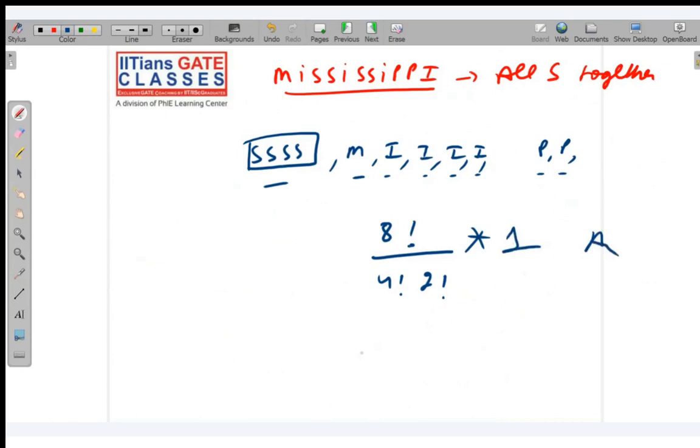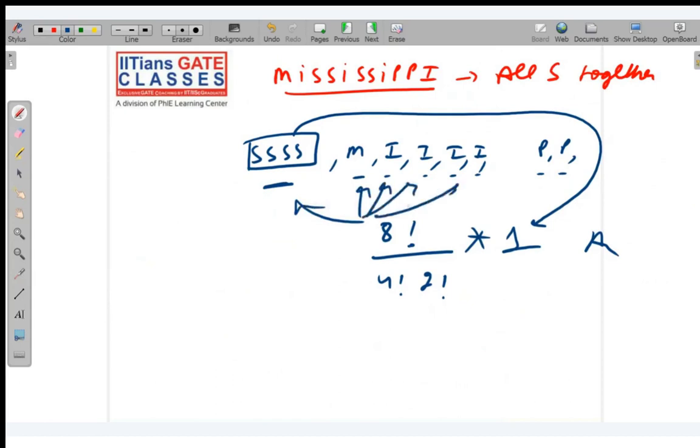So please do not get confused in such types of questions, and please do not memorize anything by heart. We consider them as a single box, and then we try to arrange them, but there is only one way to arrange them. That's why I have applied 1 here. And why 8 factorial? Because of these 8 things. Why 4 factorial? Because I was repeated 4 times, and why 2 factorial? P was repeated 2 times.